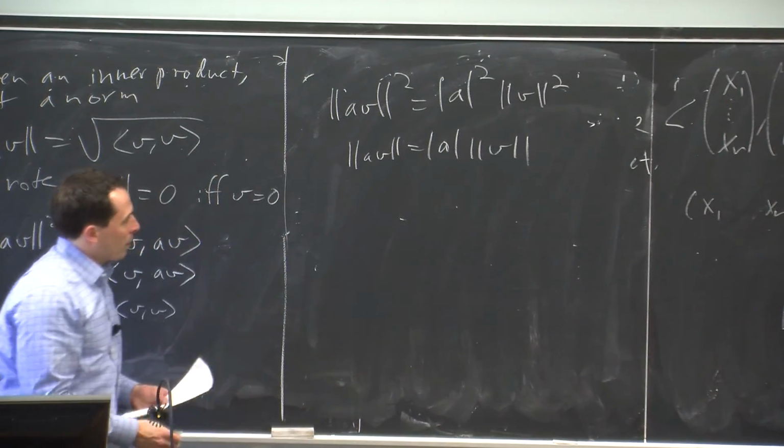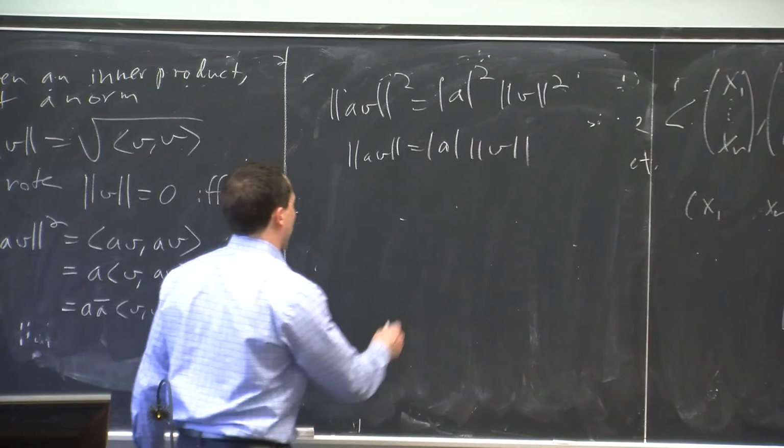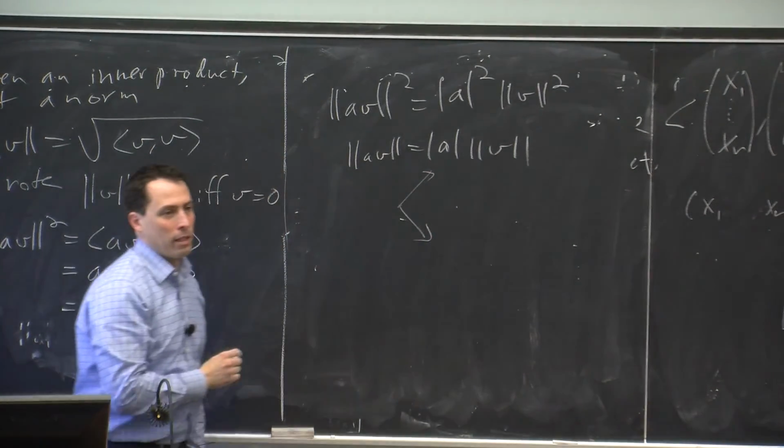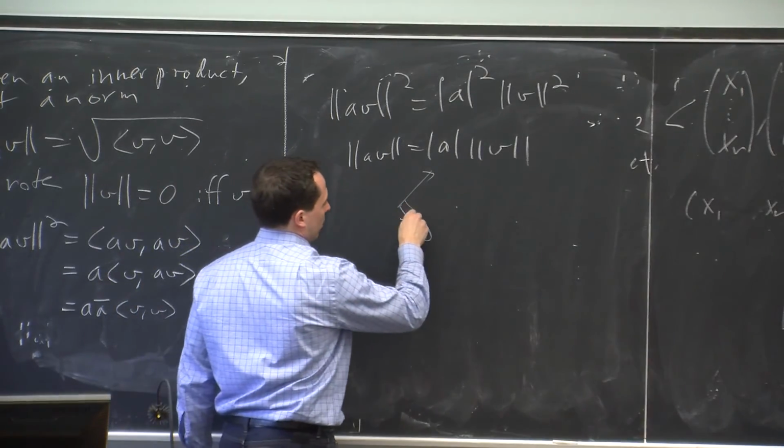So one of the many things we can do with inner products besides tell length is that we can develop a notion of what it means for two vectors to be perpendicular to each other, to be orthogonal.